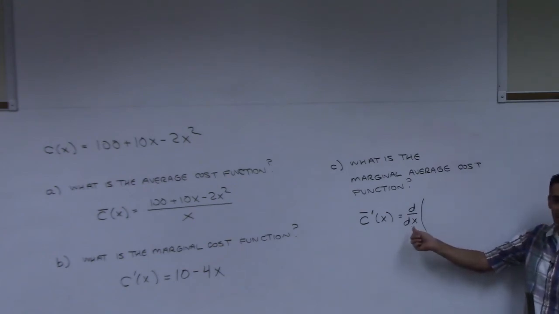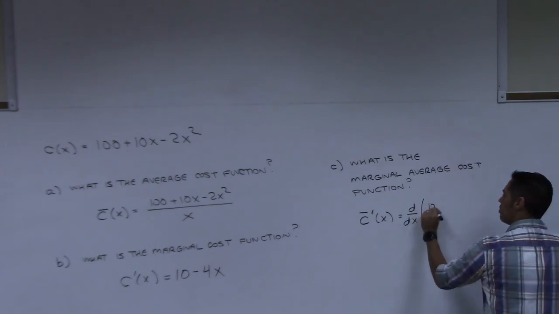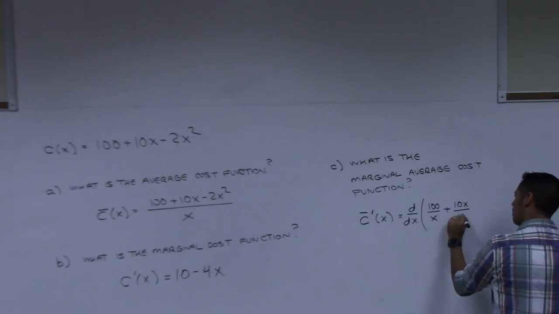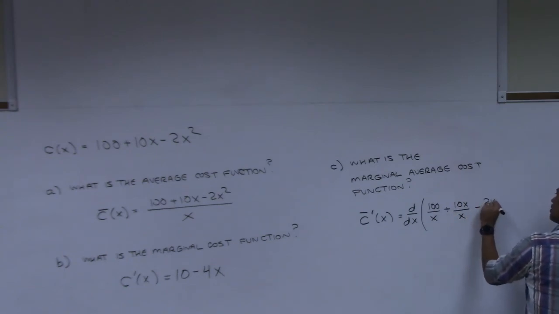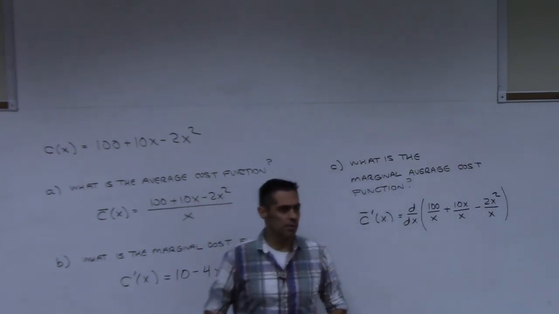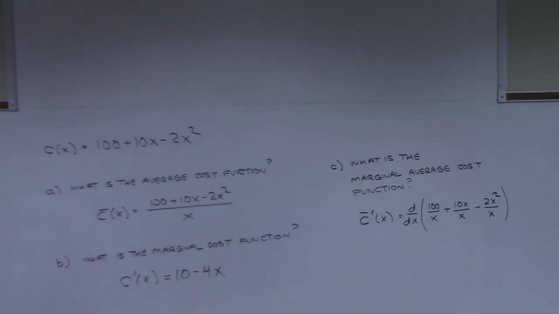This meant I'm going to take the derivative of something. And I'm trying to take the derivative of 100 over x plus 10x over x minus 2x squared over x. All I've done is split this up into 3 separate pieces, that's a legal move algebraically. We talked about that last class.